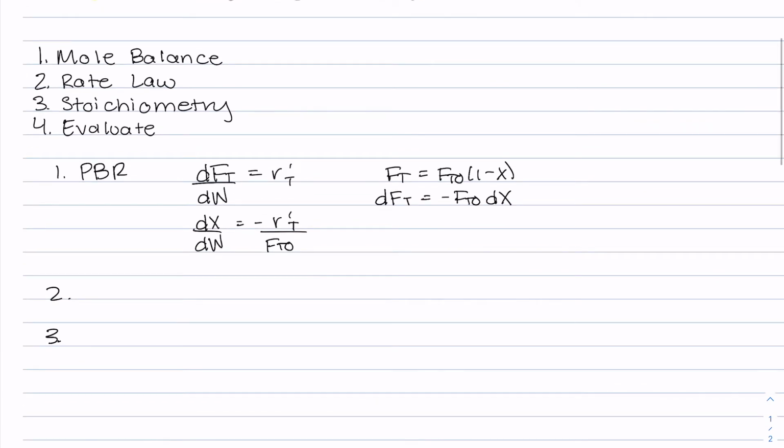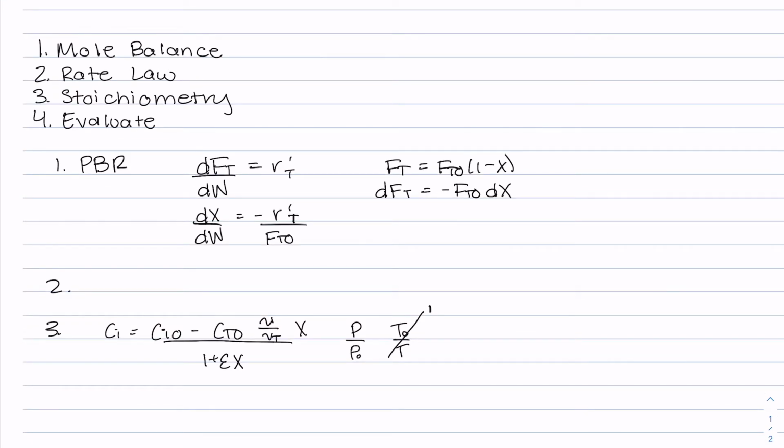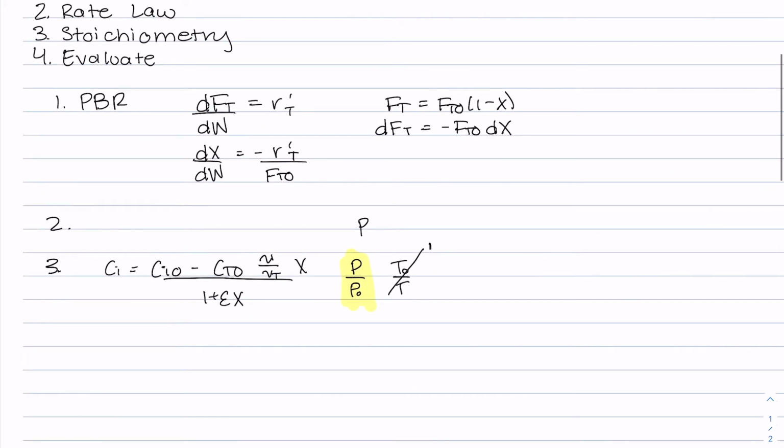The concentration for a gas reaction is going to be equal to the initial concentration times (1 minus X) over (1 plus epsilon X) times P over P_0 times T_0 over T. It is isothermal, so this T_0 over T is going to be equal to 1. And this ratio for pressure right here is going to be equal to our pressure ratio, lowercase p.